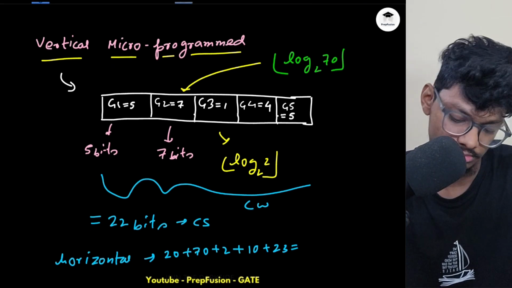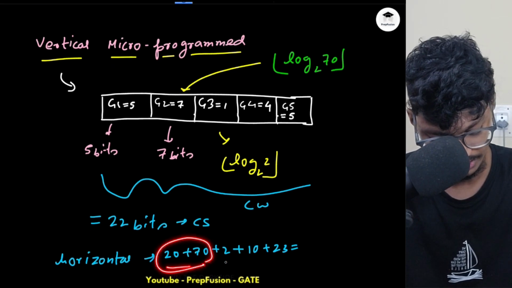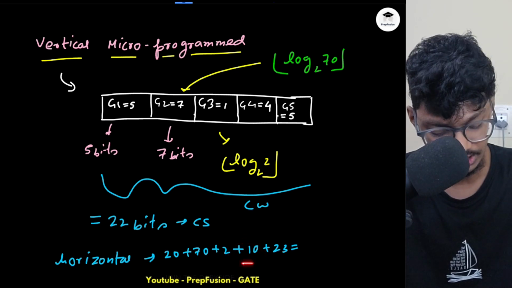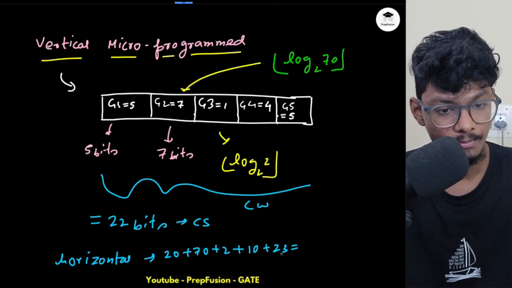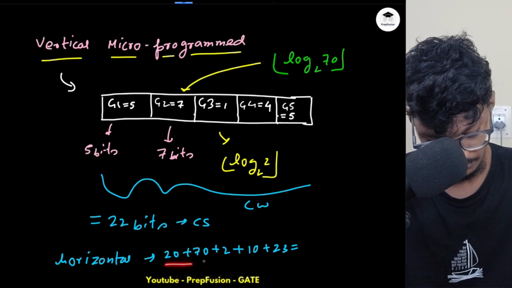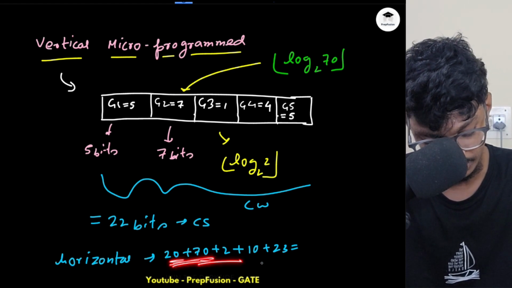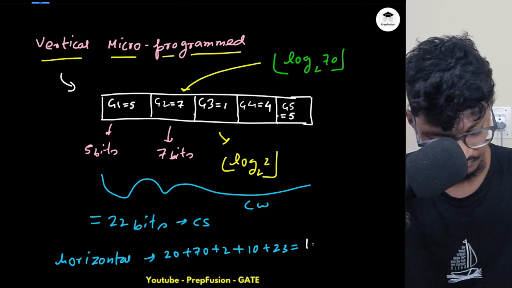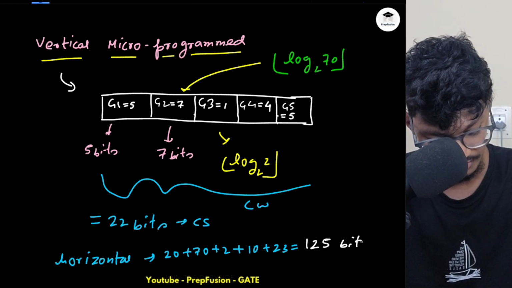So this will be 20 plus 70, that is 120. 120 plus 2, 122. 122 plus 10, 132. Okay, just hold on. Sorry, this is 90, 92, 102, then 125. So total I have 125 bits.